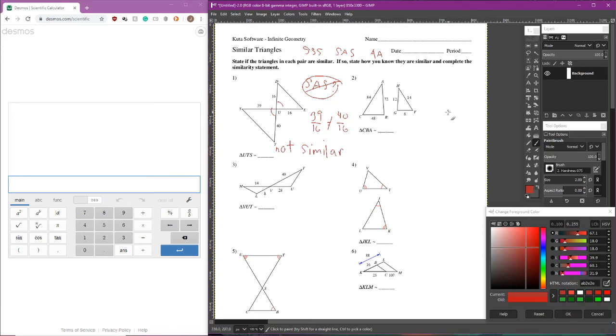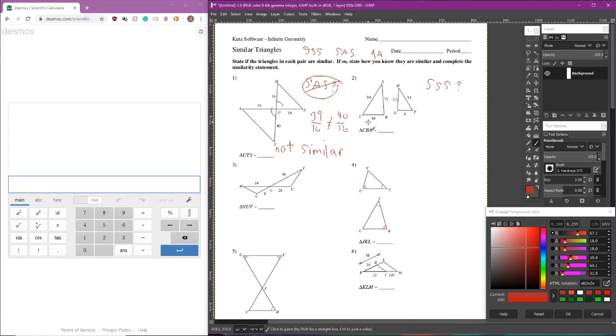Okay, now let's go look at number 2. Number 2 has all side lengths given. So the one that we're going to be looking at proving is side, side, side. We'll put side, side, side up here as a thought and put a question mark by it because we haven't proved it yet.